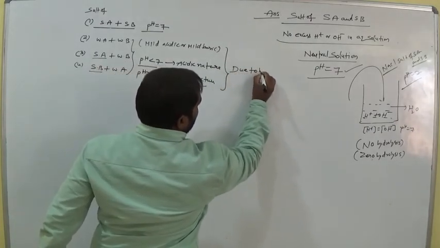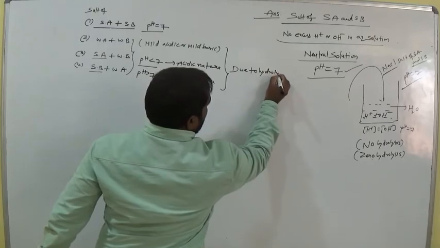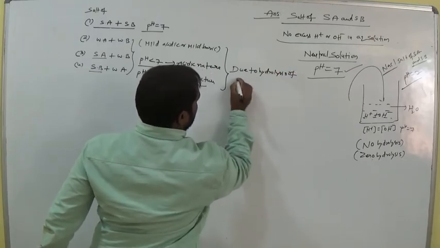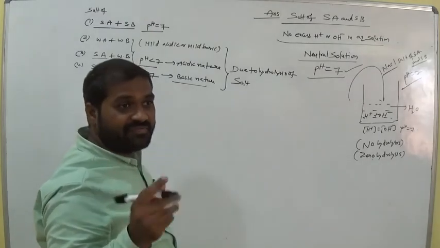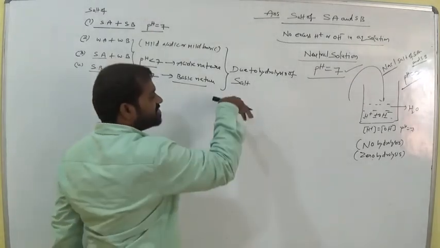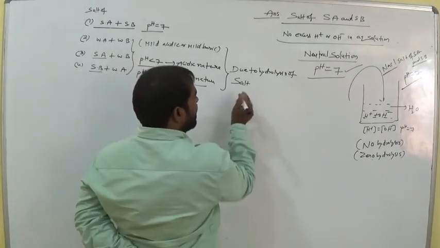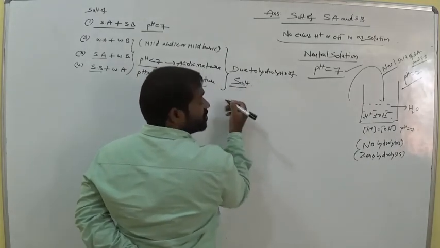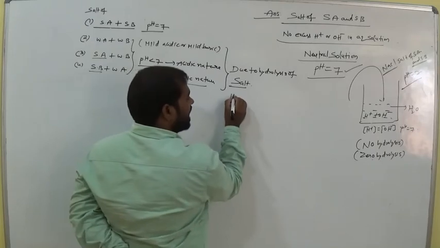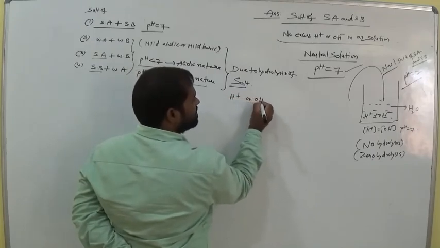Due to hydrolysis of salt. Actually, the pH value of salt is 7, but due to hydrolysis its pH value changes. So due to this salt hydrolysis, what happened? Excess H plus or OH minus are produced.